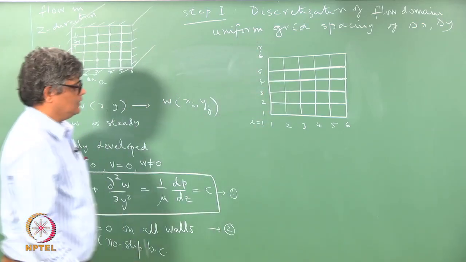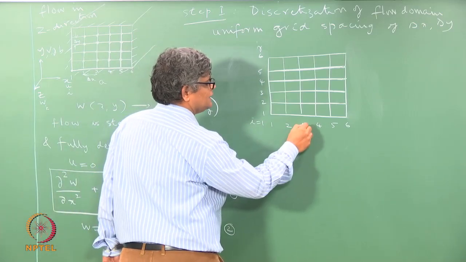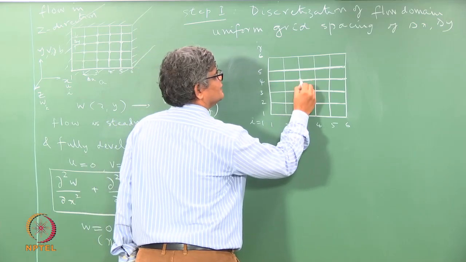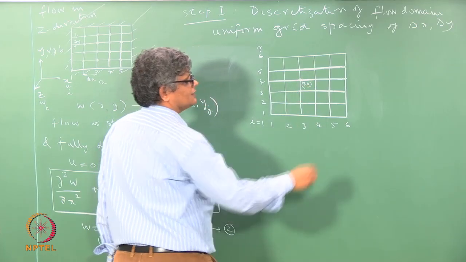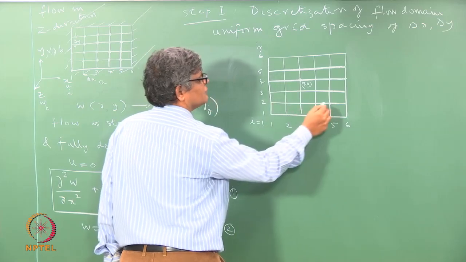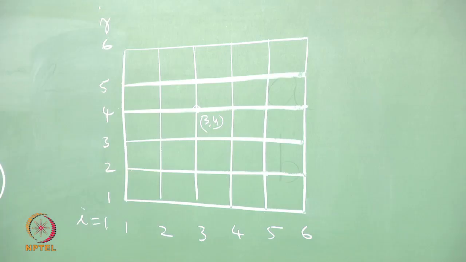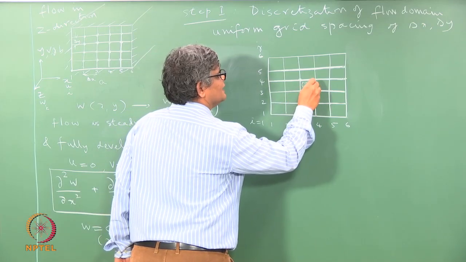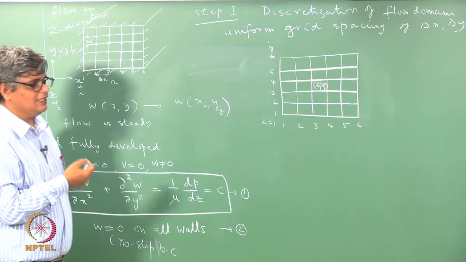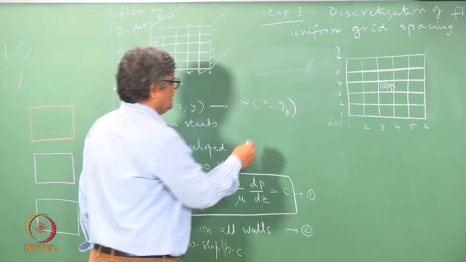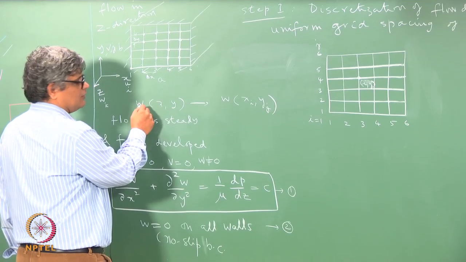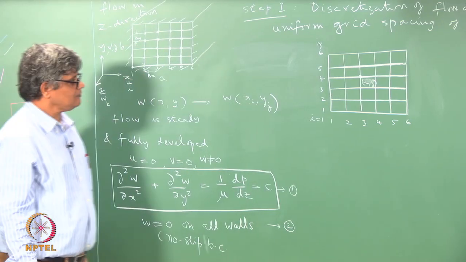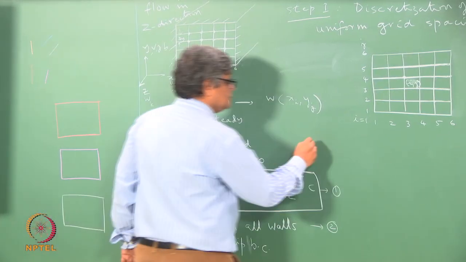So, i equal to 3 and j equal to 4 corresponds to this point, and so this is 3, 4. And similarly i equal to 5 and j equal to 2 corresponds to this point, and so on like this. So, we can identify any point with the indices i, j which are numbers, which will be useful for us when we do programming. So, we are converting the problem of w as a function of x and y into w as a function of x_i and y_j.